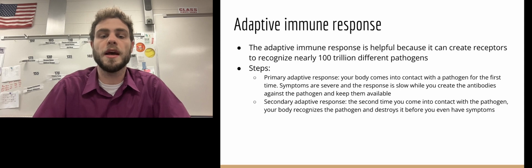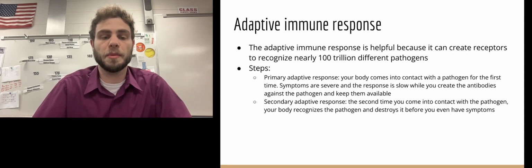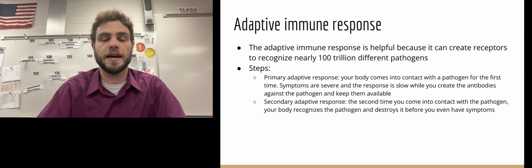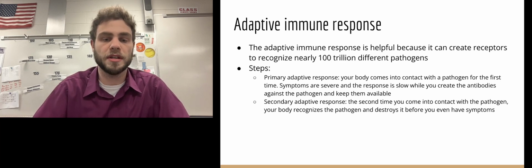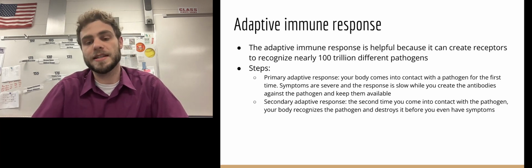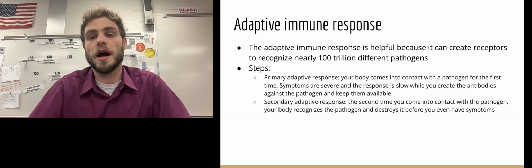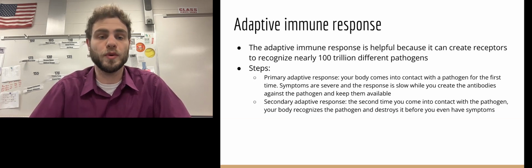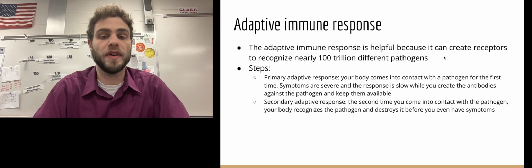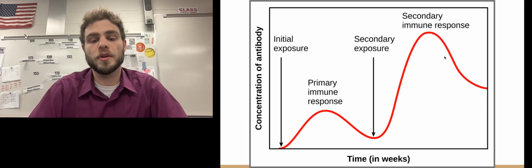You're creating the antibodies, you're creating the receptors that are going to be able to recognize that particular pathogen in the future, so that the second time you come into contact with that pathogen, you get the secondary adaptive response where your body immediately recognizes it and is going to go about destroying it, often before you even realize that you are infected.